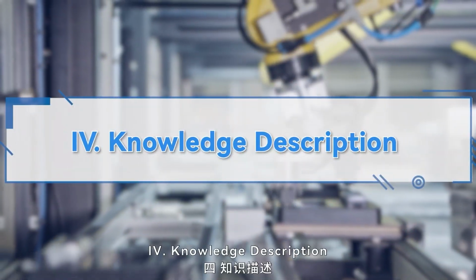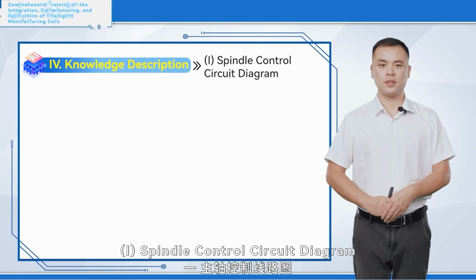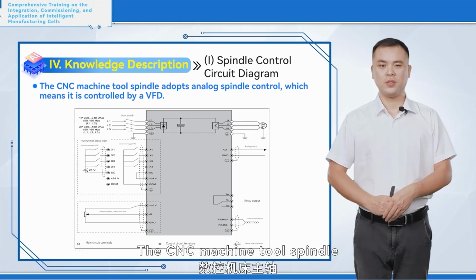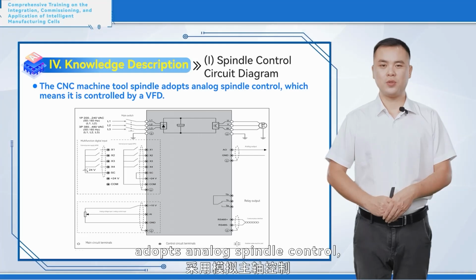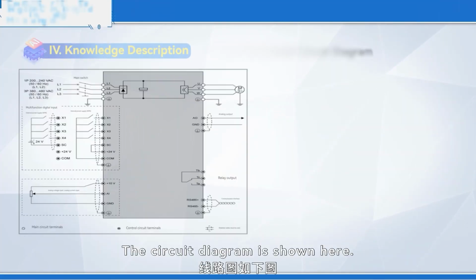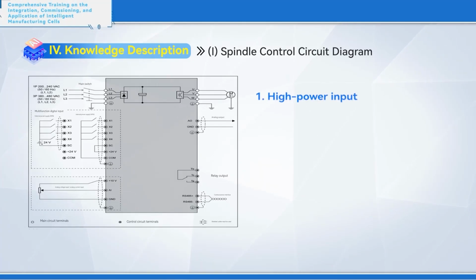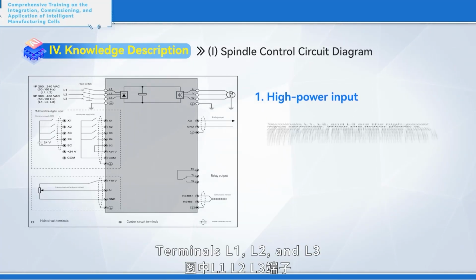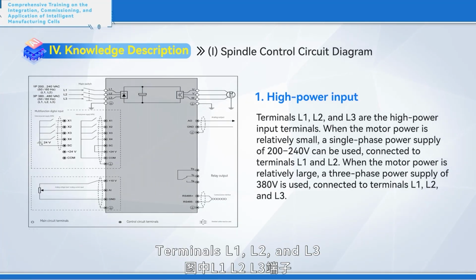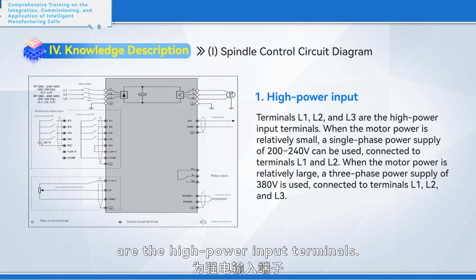4. Knowledge description. 1. Spindle control circuit diagram. The CNC machine tool spindle adopts analog spindle control, which means it is controlled by a VFD. The circuit diagram is shown here. 1. High-power input. Terminals L1, L2, and L3 are the high-power input terminals.